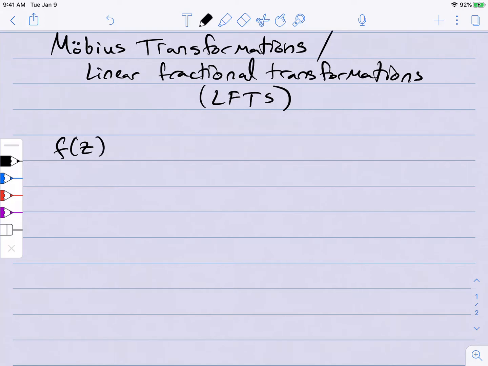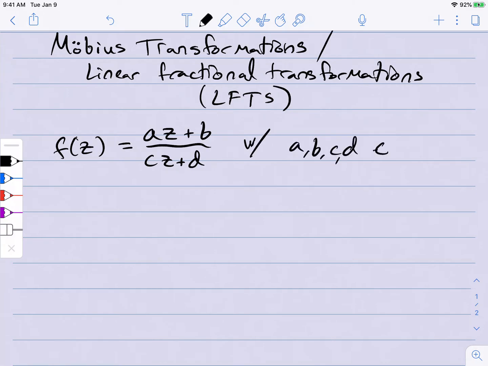So a Mobius transformation is a function of the form, it's basically a ratio of two linear functions. So it looks like a linear function, az plus b, divided by another linear function, cz plus d. And now we're going to allow these constants, a, b, c, and d, to be complex numbers. Okay, and these are Mobius transformations.